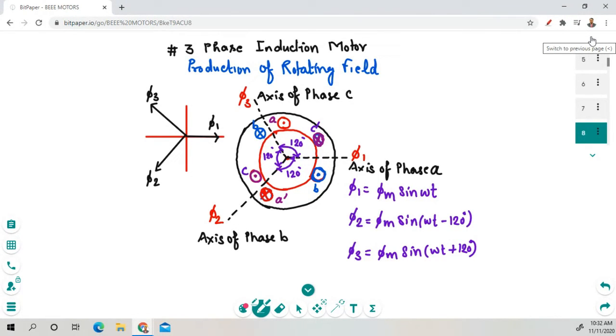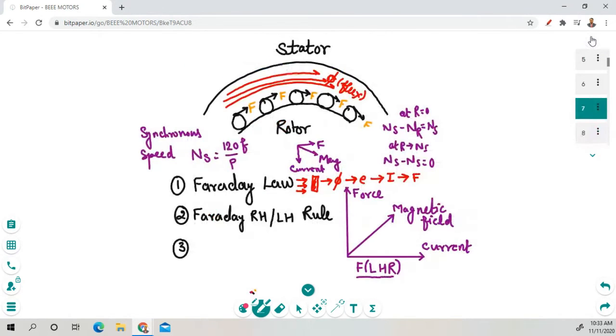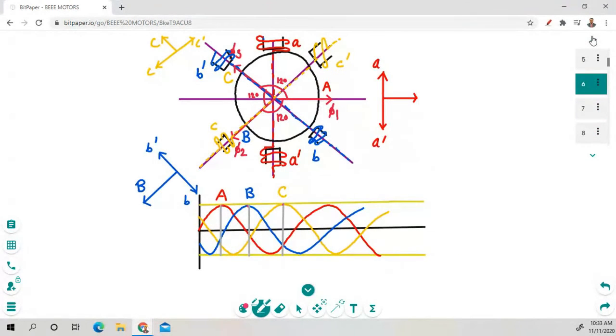Pankaj, any doubt? Write in the chat box. Ns is inversely proportional to the number of poles. Yes, Toshiba.